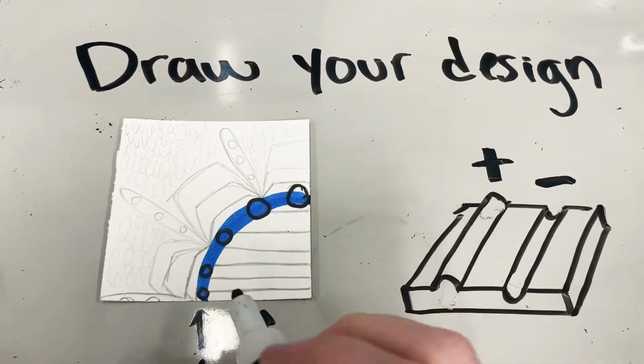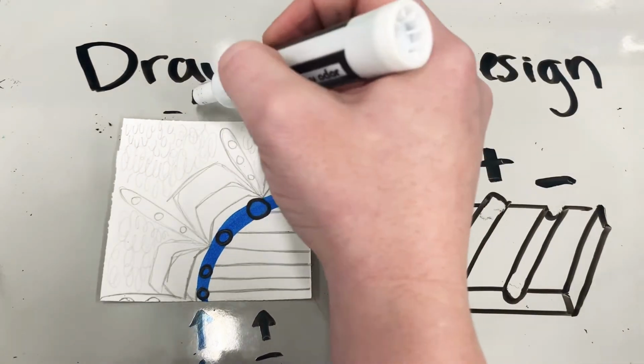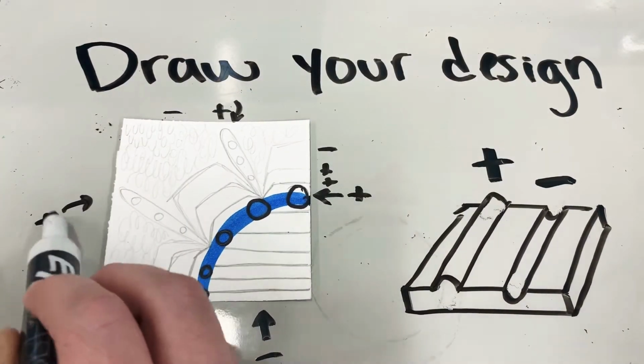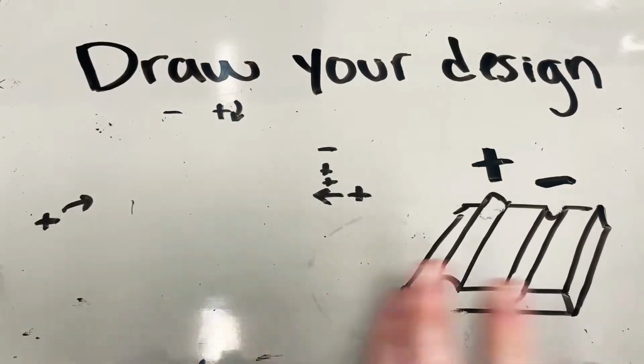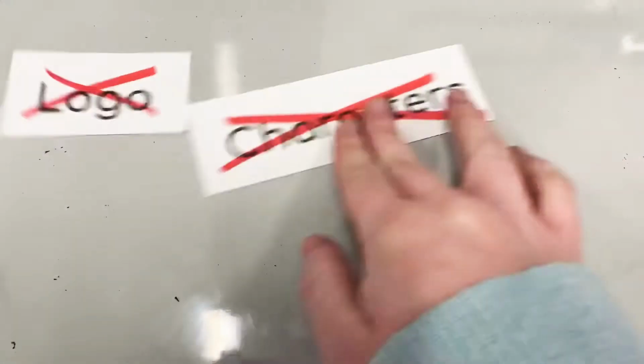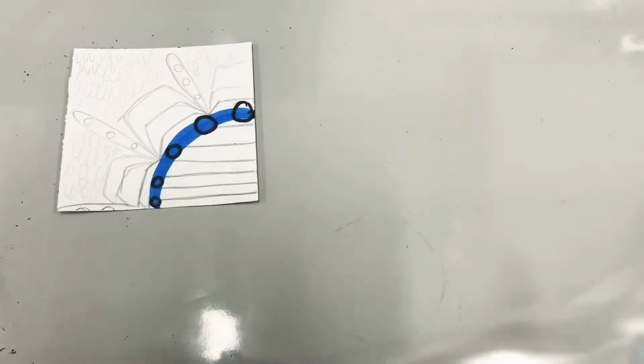Make sure that you are emphasizing that line that you were given. So you are using that in some way. So decide here what you want to be positive, what you want to be negative, how you want this piece to be laid out. And a quick reminder, no logos, no characters, and no words.